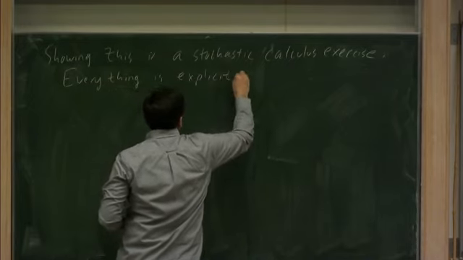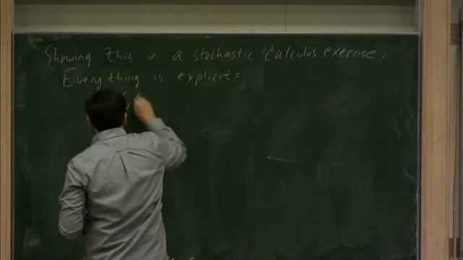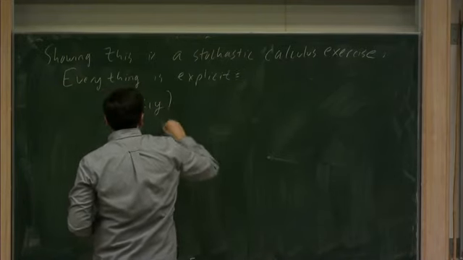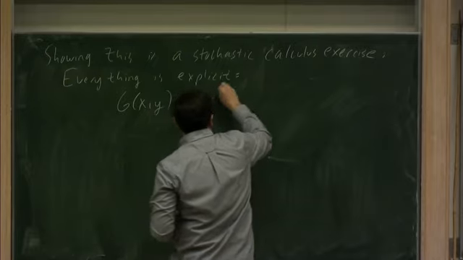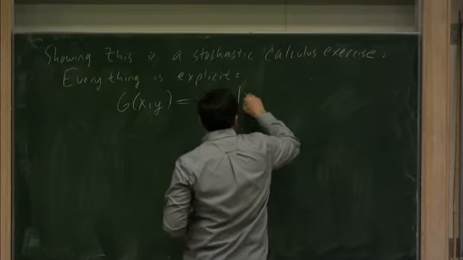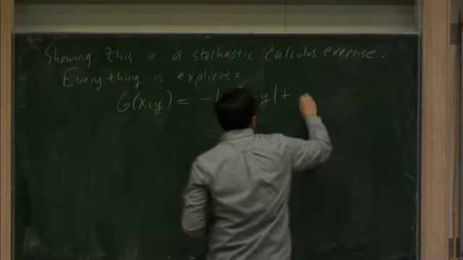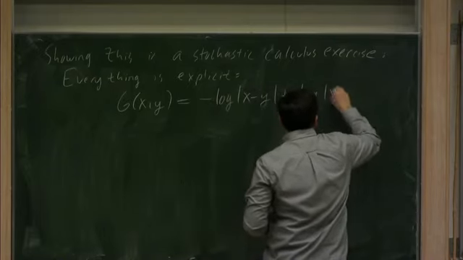In particular, the Green's function, g of x y on the upper half plane, is just given by minus the log of x minus y plus the log of x minus y bar.